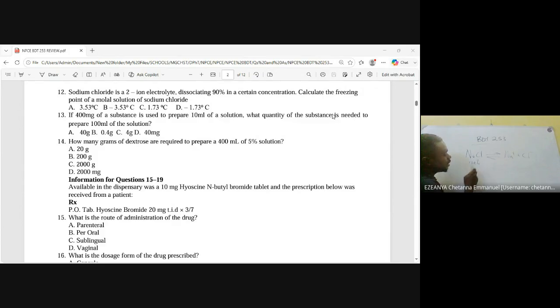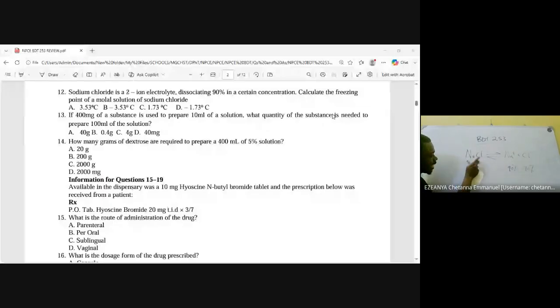So 90% dissociated, and the remaining is 10%. It will yield 90% sodium ion and 90% chloride ion. These are the particles it yielded because of this dissociation.